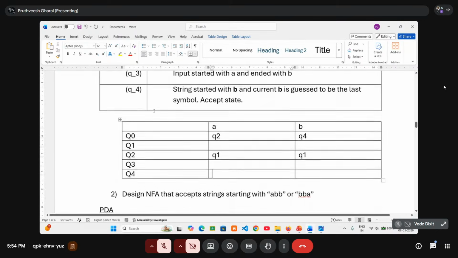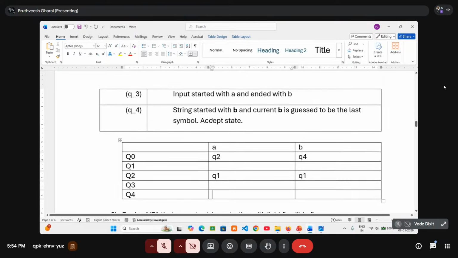If it receives an A, it will move to Q3. And if it receives a B again, it will be in Q4.